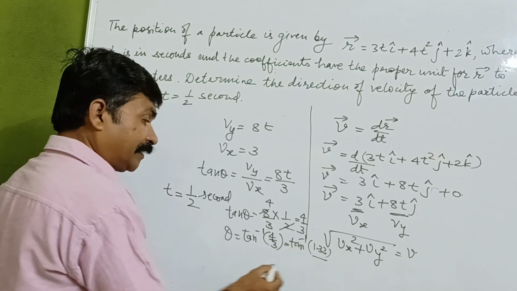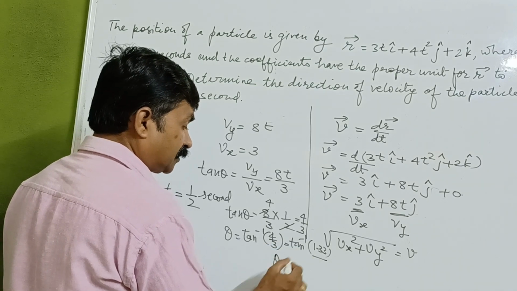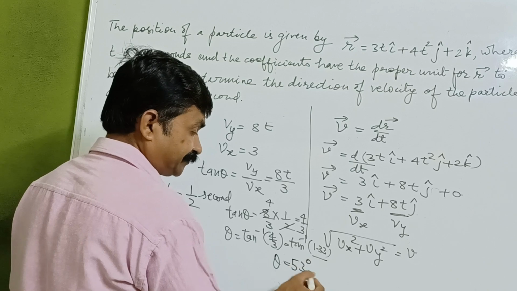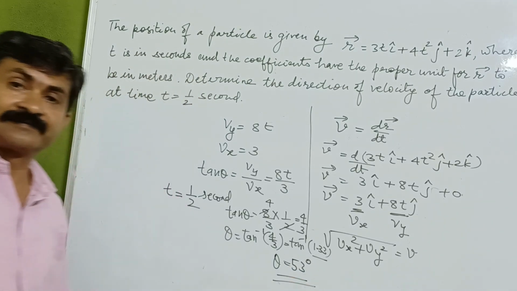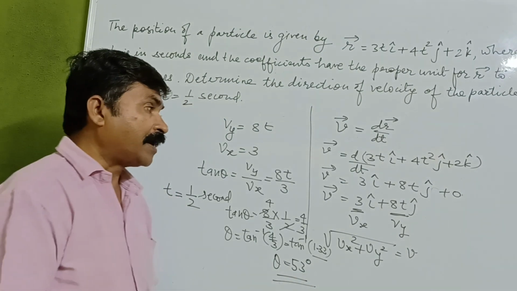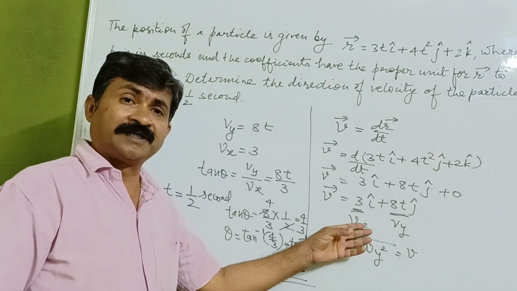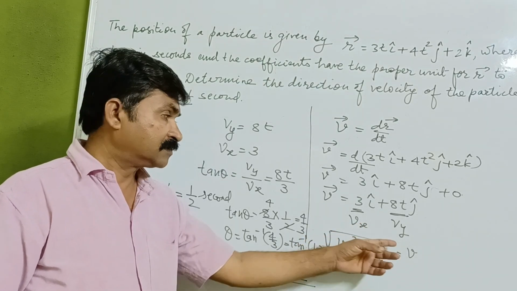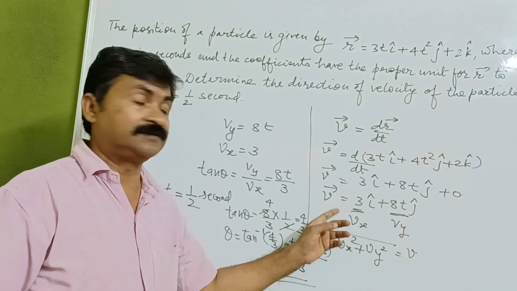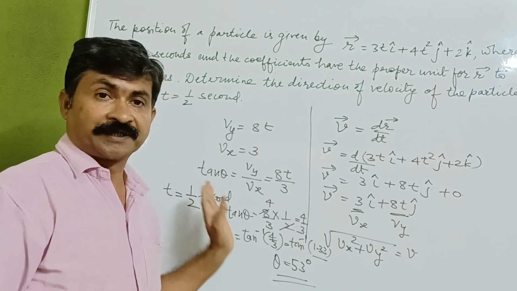But if you calculate it, theta is around 53 degree. This will be the correct answer. So by knowing the x component and y component of the velocity, we have determined the direction.